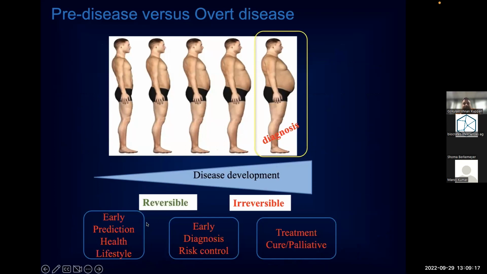But there is a reversible stage where we can predict using biomarkers for an unhealthy lifestyle. With early diagnosis, we can control the risk factors by increasing physical activity, diet modification or other factors. Once the disease develops, it is totally irreversible, and there is no cure, only palliative treatment.